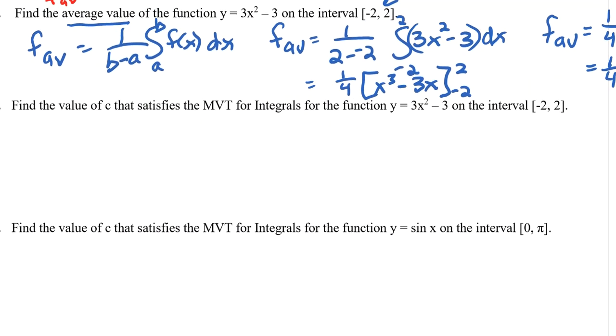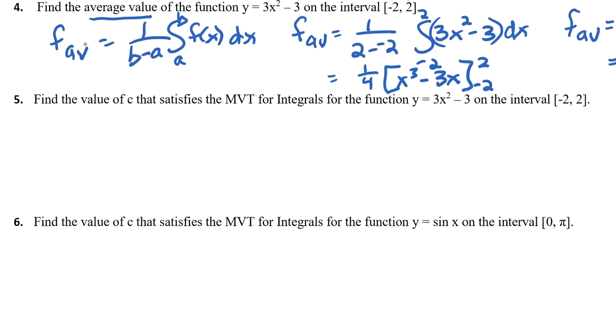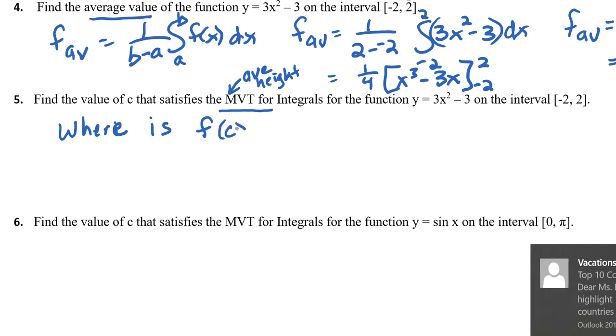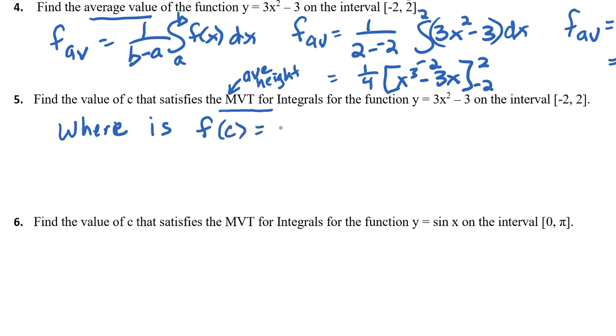Now the second question here asks us, for the same function, to find the value where the average height occurs. So mean value theorem, remember mean is average, so the mean value theorem for integrals is simply saying where is f of c equal to f average.